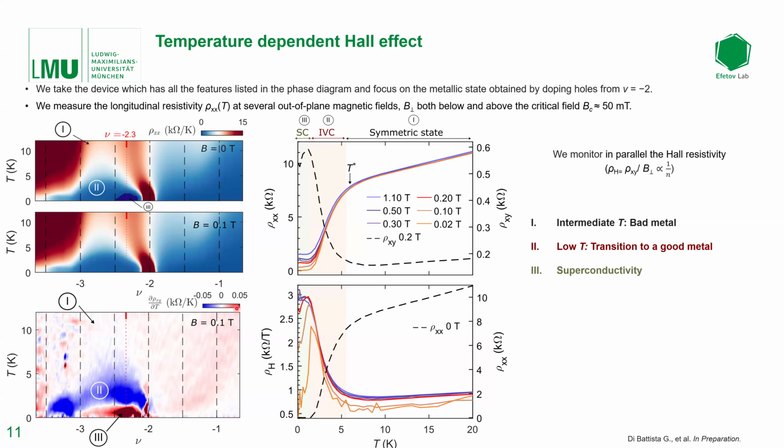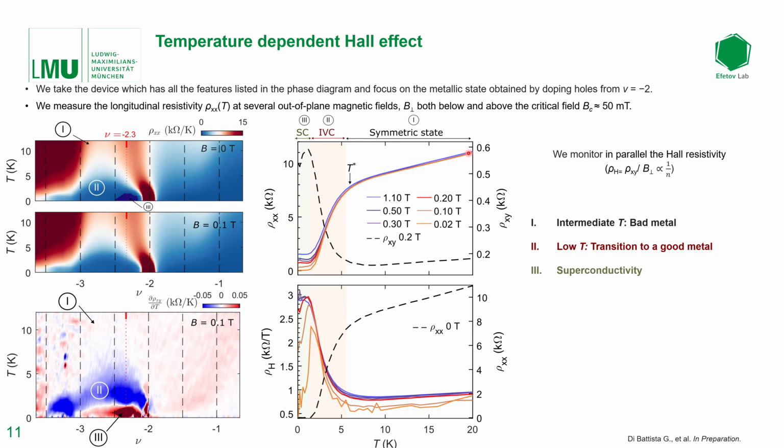Okay, so then you can see here the line cuts that I'm presenting. This is R versus T on the top, and on the bottom you can see the Hall effect versus T. If we take temperature-dependent resistivity cuts over this region, we can see that there seem to be two types of transitions.